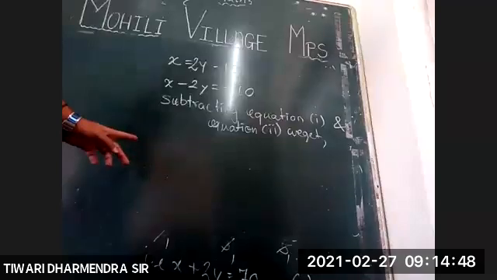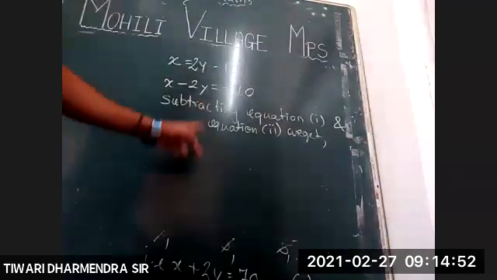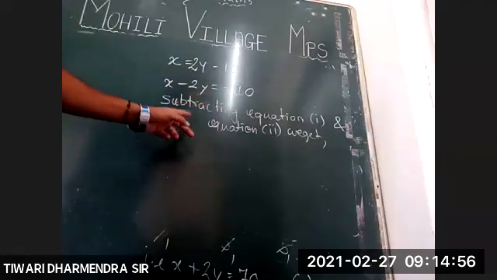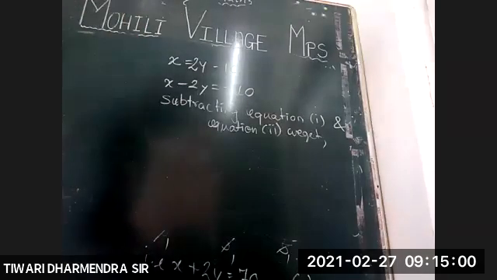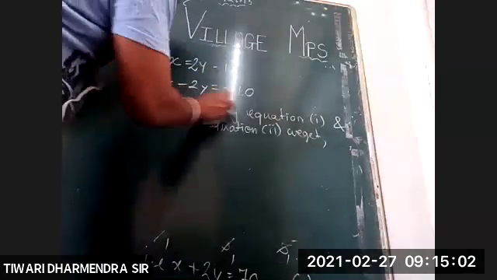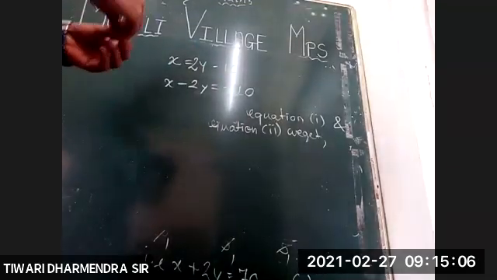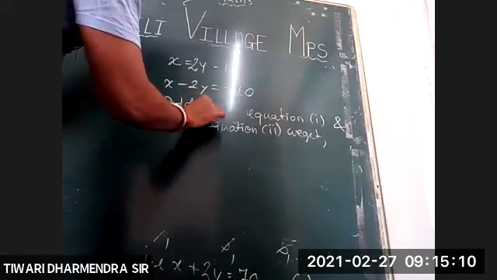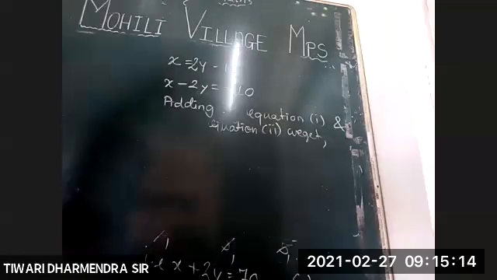So now we can add, since we are having opposite coefficient of the same variable, that is y. So instead of subtracting, we will add, adding equation 1 and 2.